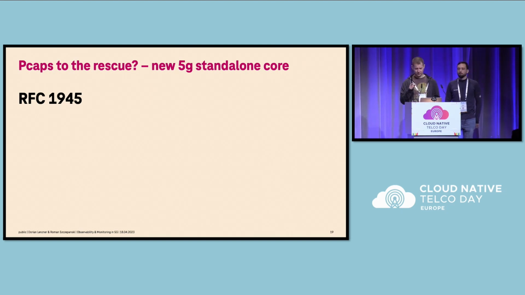Does anyone know what RFC 1945 is? Raise hands. No one? Maybe you're too young. It's HTTP 1.0. So actually, HTTP is even older. And HTTP 1.0 is from 1996, by the way. Actually, 5G standalone, of course, is using RFC 7540, which is HTTP 2.0 from 2015.